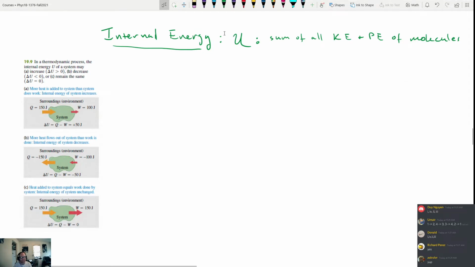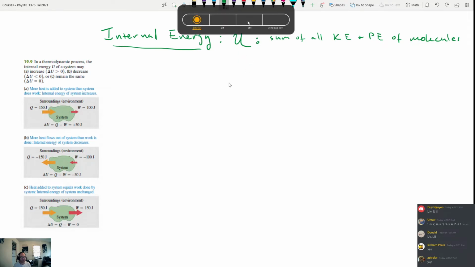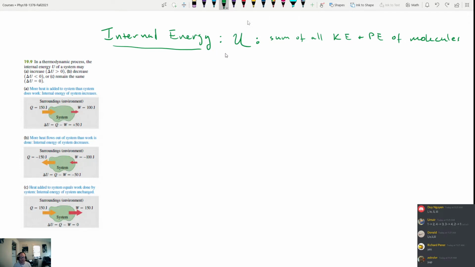We're going to use the symbol U to represent the internal energy of a system, okay? And it's going to be heavily tied to things like temperature, but importantly, it's a macroscopic variable, so we don't need to know anything about the individual kinetic energies and potential energies to actually find what this is, but we should be able to find it in some way, okay?